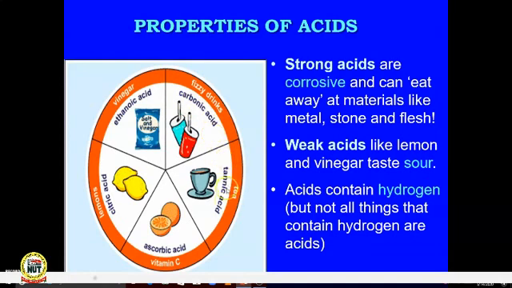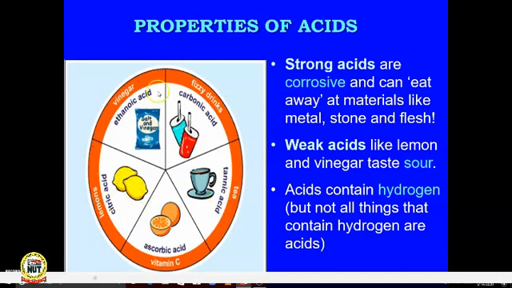Then you have the tea, the Lipton and the other brands that you know. They also contain an acid called tannic acid. Then the sweet orange that you take contains ascorbic acid, otherwise known as vitamin C. Then the lemon, which I spoke about earlier, has a type of acid called citric acid.